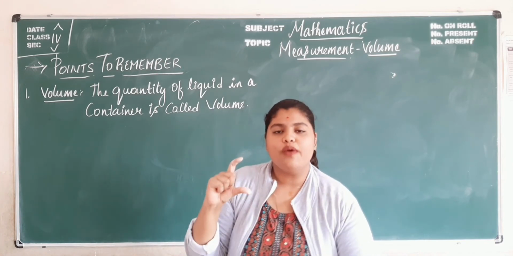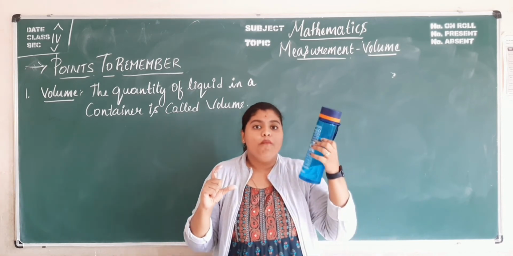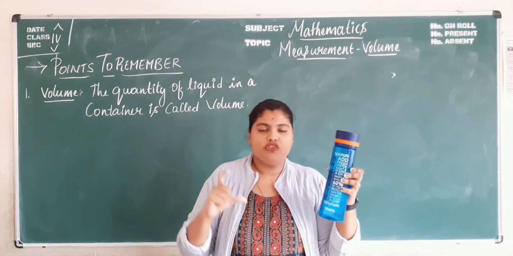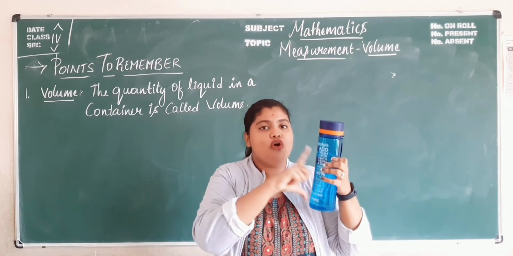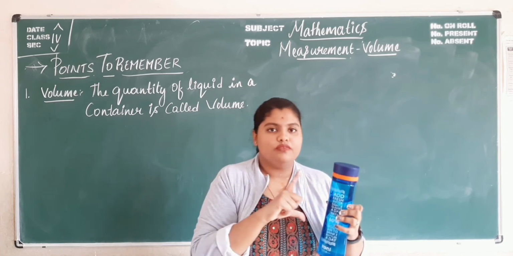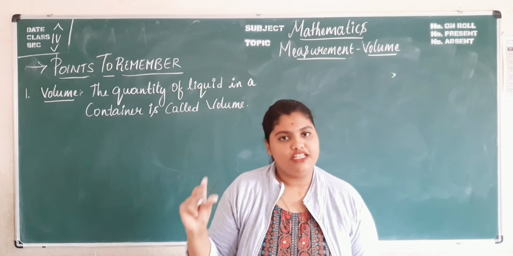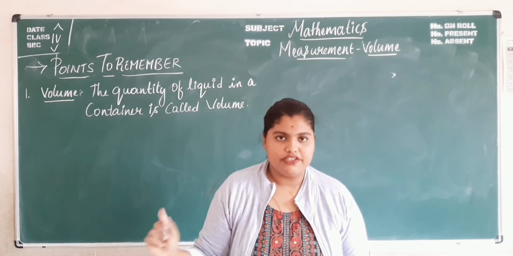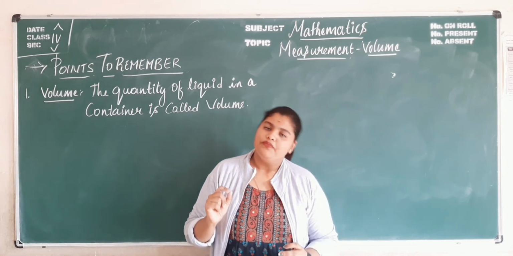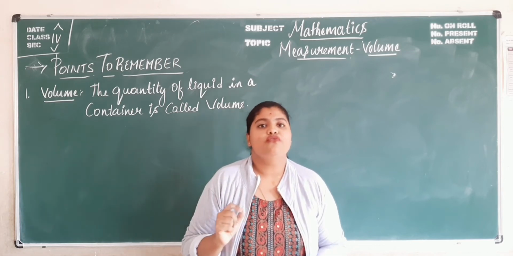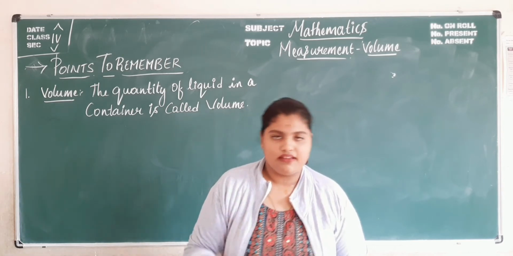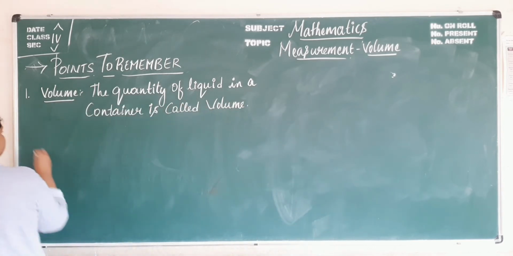It is a small quantity compared to a bottle filled with water. So for the larger unit of volume we use liter, and for the smaller unit of volume we use milliliter. The short form of milliliter is ml. What is the short form of liter? L.